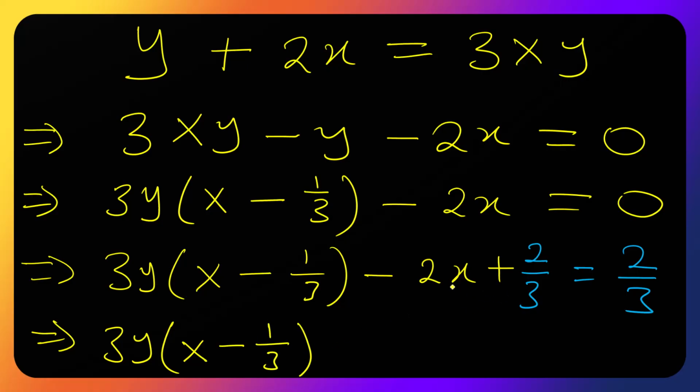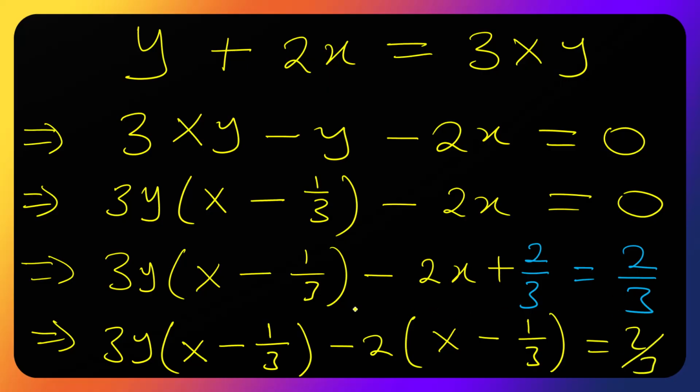If I take minus 2 out, this side will be x minus, this 2 has been taken out, 1 over 3, equals to 2 on 3. So we have perfect factors here.